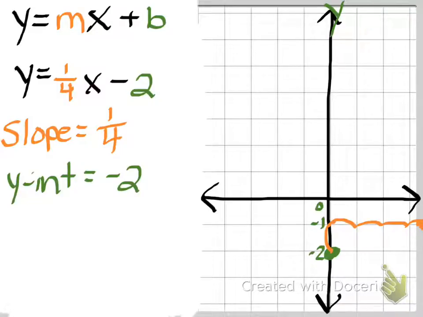So you would go up 1 and over 4. Get rid of those lines because you don't need to see them. So over here on the side would be our next point, and then you use the ruler to make a line through your points. What you could also do, so that your line is accurate, is go in the opposite direction, both ways, instead of putting it as close as you can.